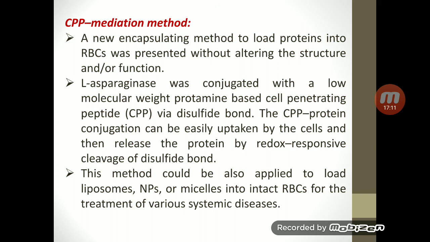So this CPP peptide will form a disulfide bond with the cell, that is the RBC, and that disulfide bond can be broken by redox responsive cleavage in the cell. So this could be a method used for the entrapment of drug in RBCs.